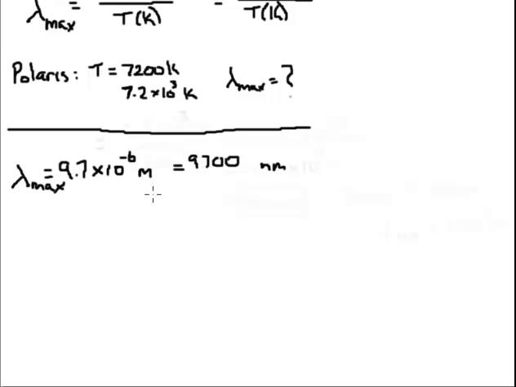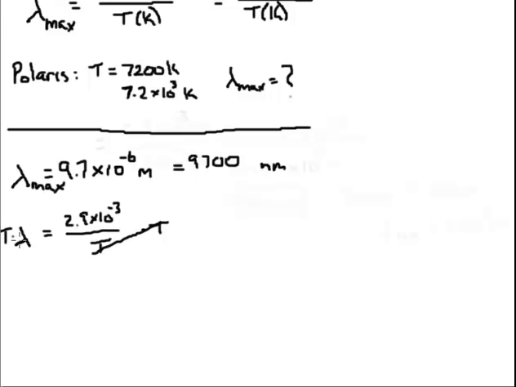The question is how hot must this object be if this is its peak wavelength? So we're going to have to rearrange this equation, right? I have lambda, and I know that equals 2.9 times 10 to the negative 3 over temperature. To rearrange this, we're thinking back to algebra. I'm going to multiply both sides by temperature, and that cancels out the temperature on this side.